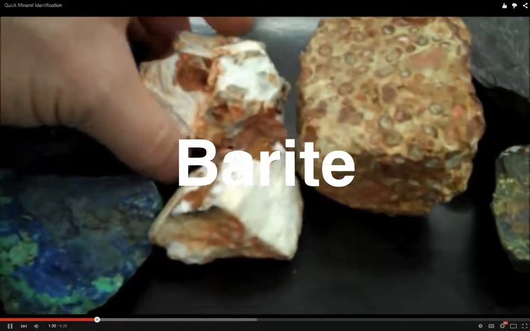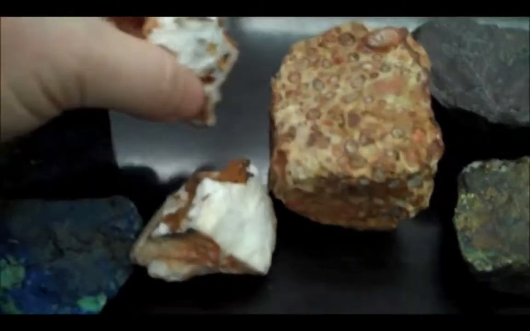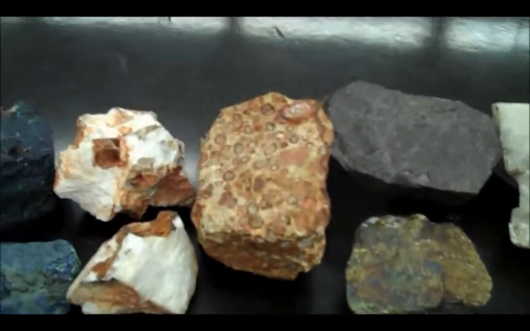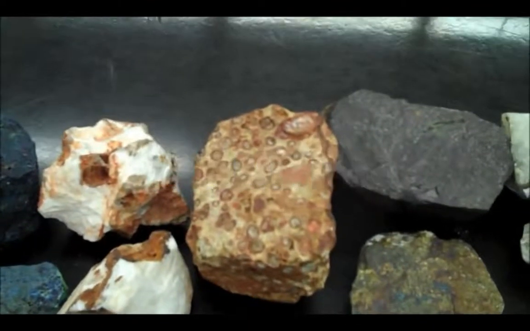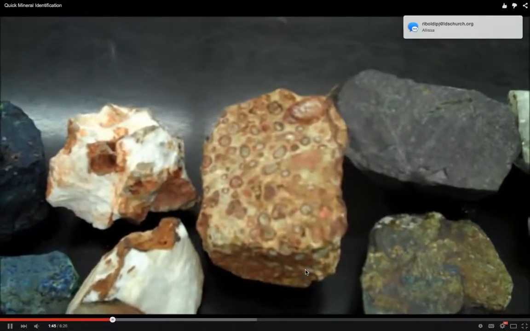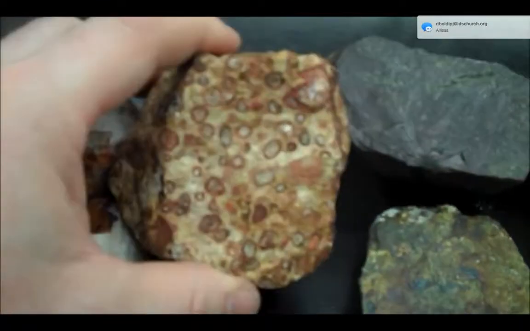Barite. Barite, right? Very, very thin. It's bauxite. It kind of looks like bauxite.